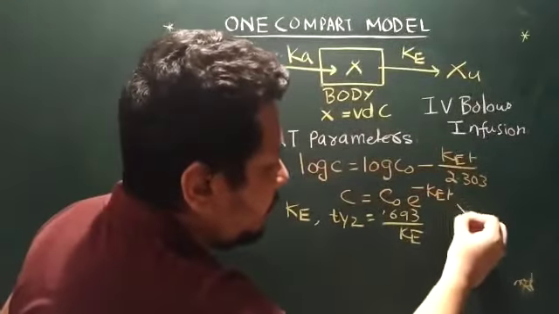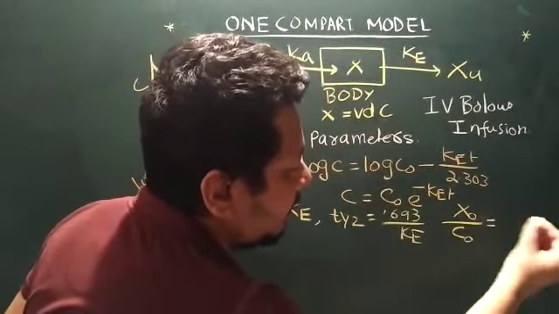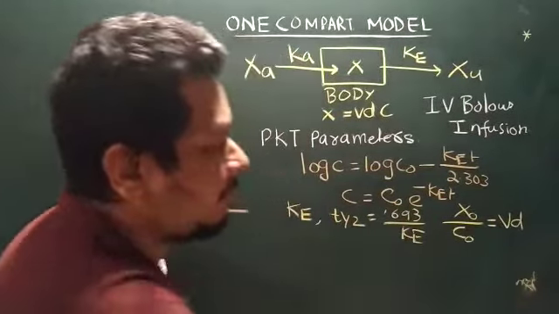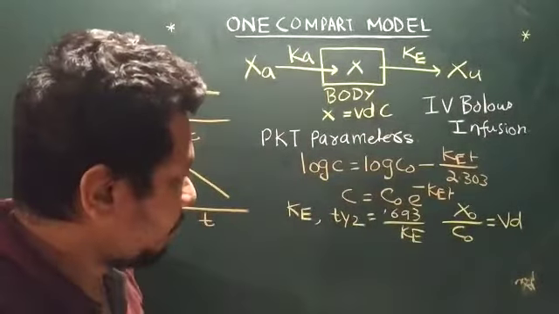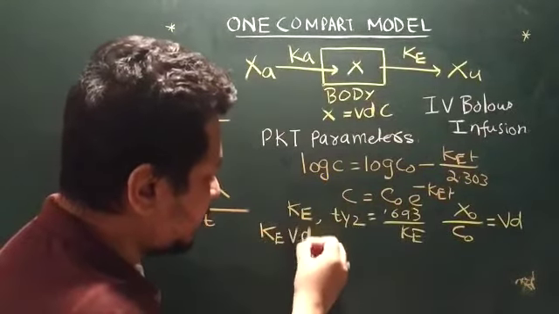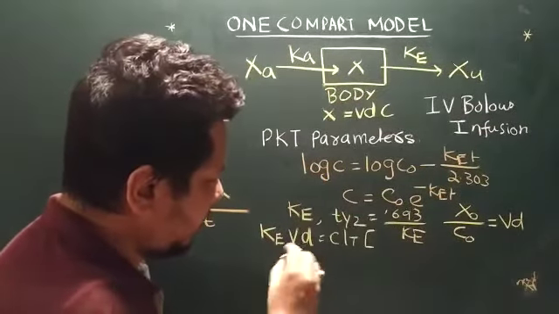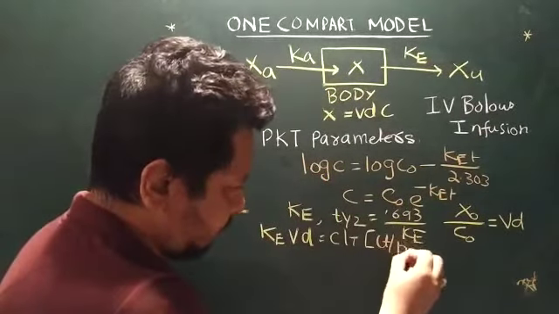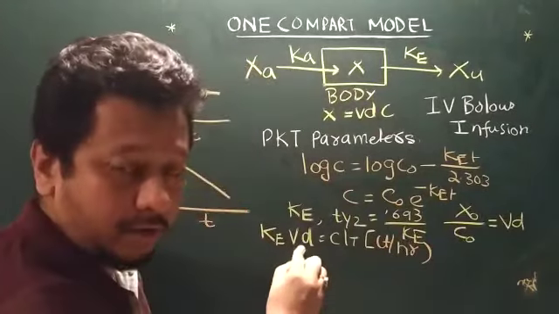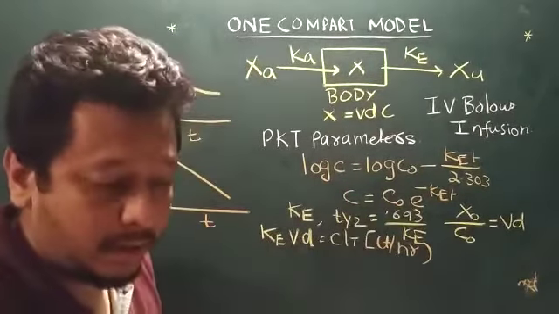Then if we know the dose X naught and the initial plasma concentration, when I divide, I get the volume of distribution. Now the very important parameter is Ke into Vd, known as total clearance, whose unit is liter per hour, because Vd unit is liter and K is per hour, so the total clearance becomes liter per hour.